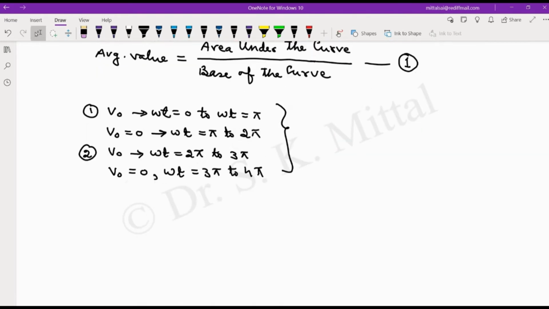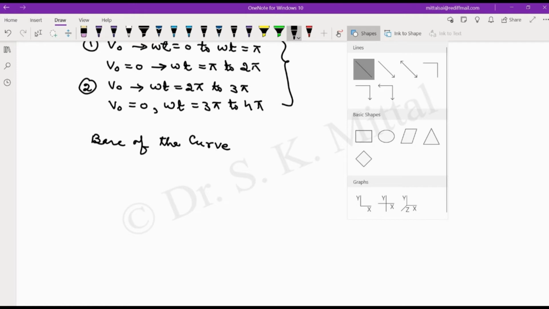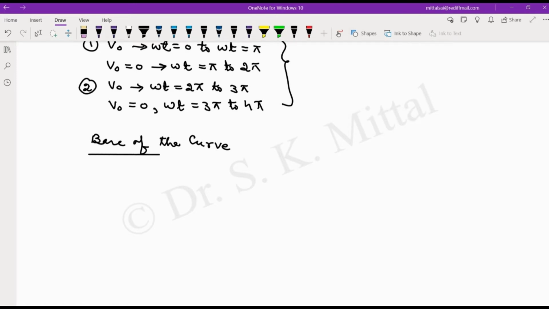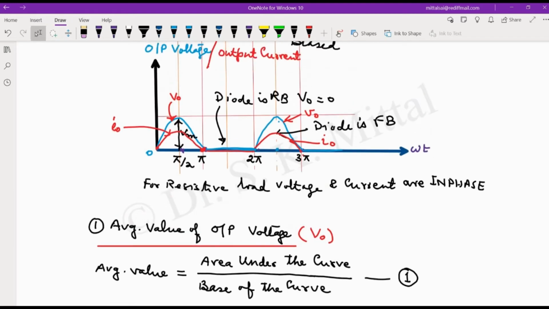Now, first of all, on the basis of equation number 1, we will calculate the base of the curve. To know the base of the curve, see, from omega t equal to 0 to omega t equal to pi, output voltage is obtained.